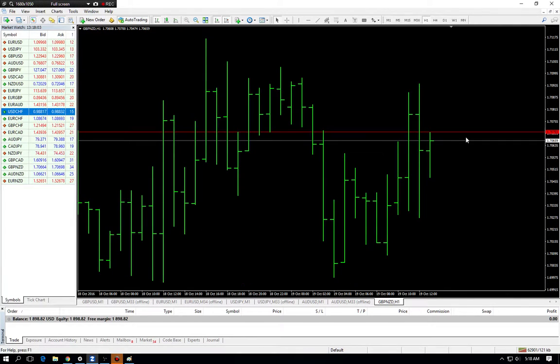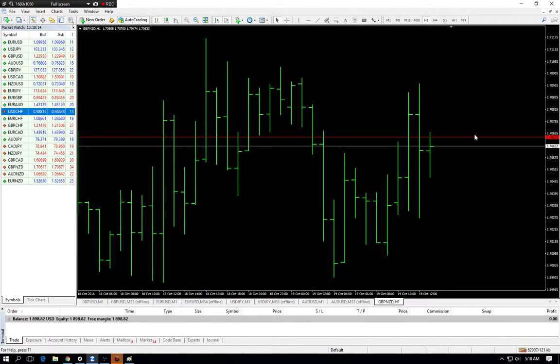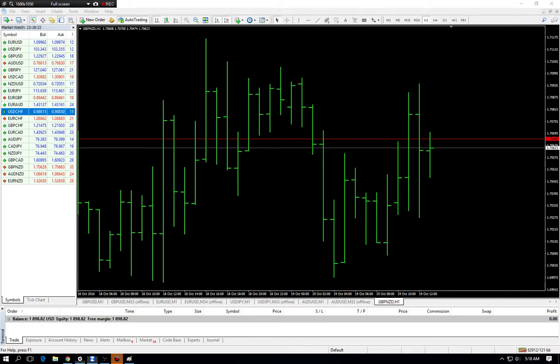Okay, so what we can see here is two different things. The lower line is where price actually is. Now if you hit buy, your spread varies per broker.